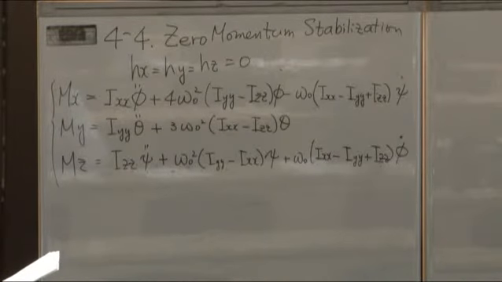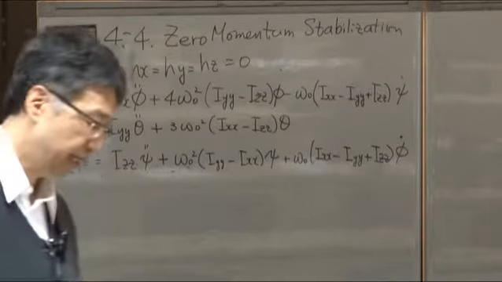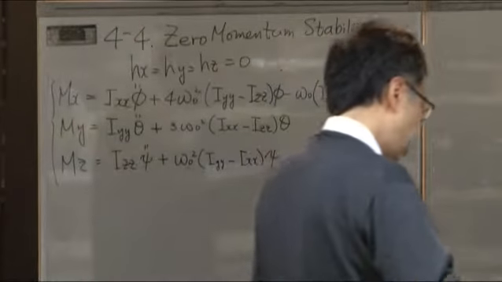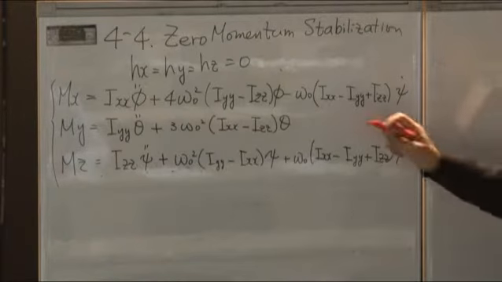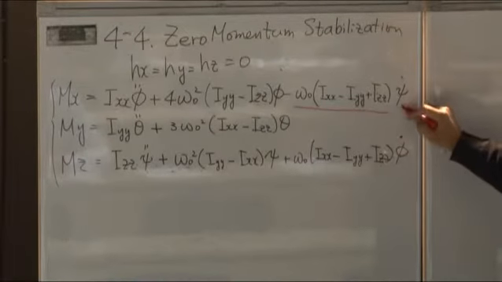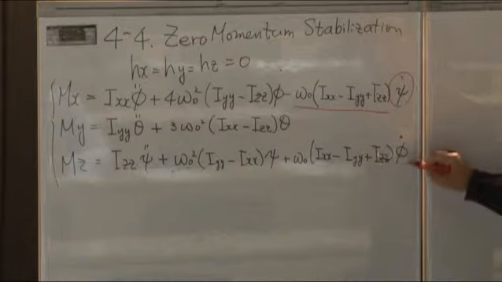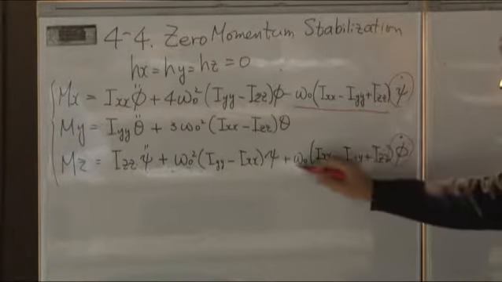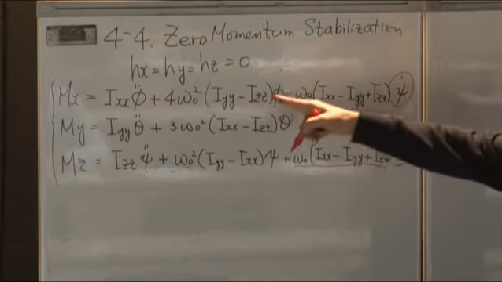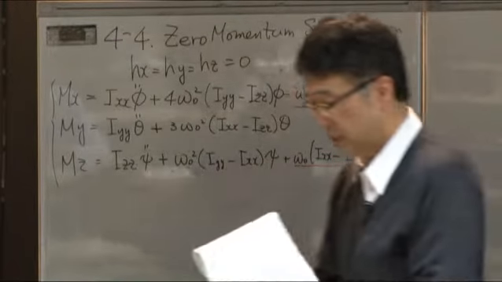And in this case, again, as the satellite rotates around the y-axis with a speed of omega 0, we have the coupling term like this. So just like the bias momentum system, this is a coupling term. So we have the psi dot here, and we have the phi dot here. So the x and the z-axis are coupled.